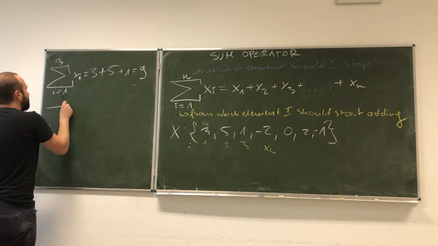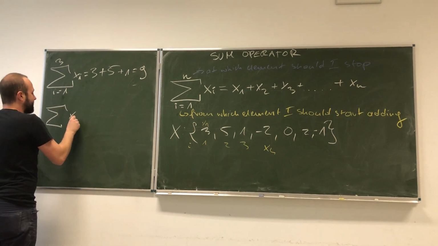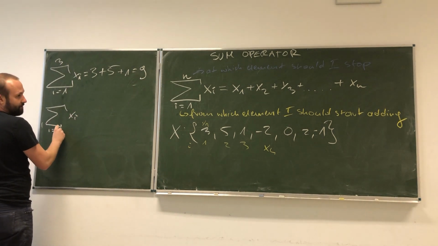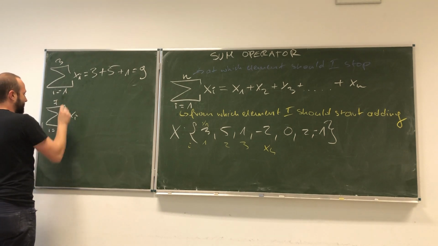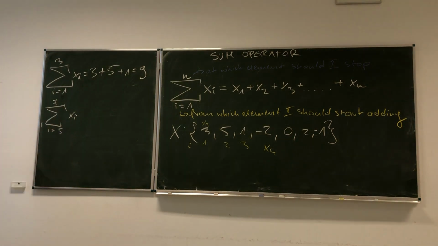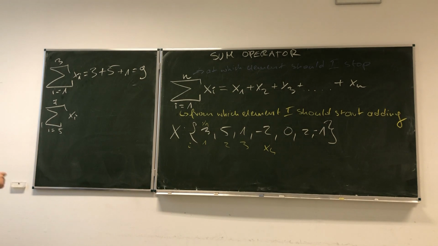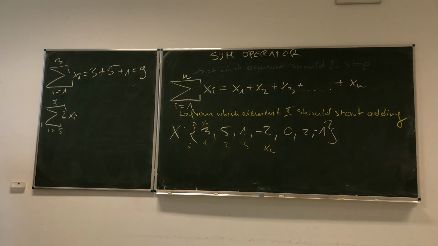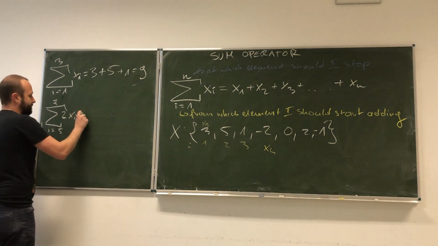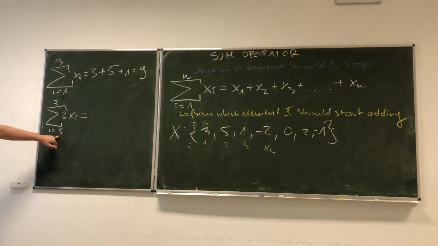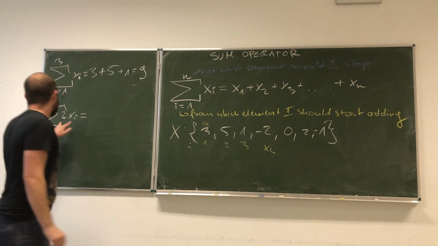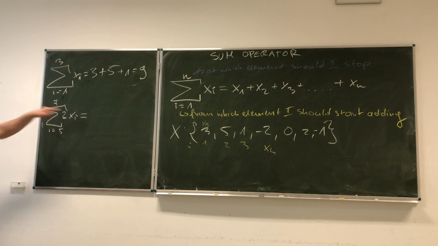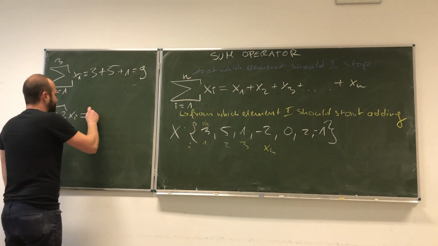But, look, remember that in front of the sum symbol, let's just say we have the limits 5 and 7. We can have something multiplying, like for example 2. What should I do now in this case? Look, I should start with element number 5, so 0. But because I have 2 here, each element I need to multiply by 2.